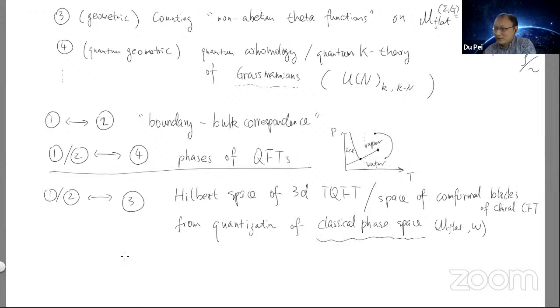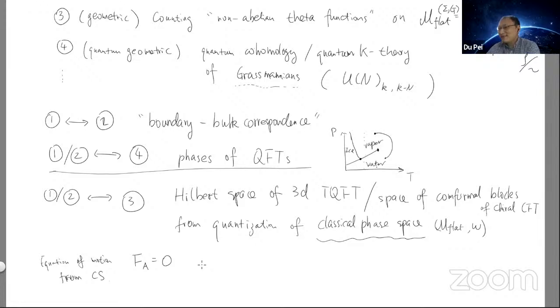For Chern-Simons theory, you will write down an equation of motion that's simply given by F_A equals 0, where F is the curvature of the connection A. So this is the equation of motion for classical Chern-Simons theory.